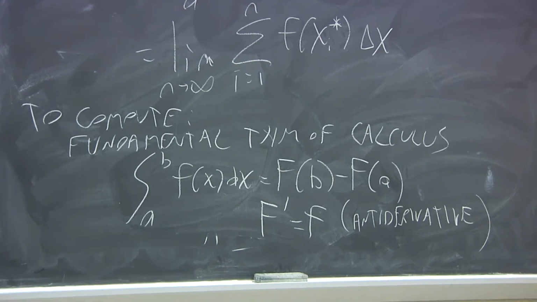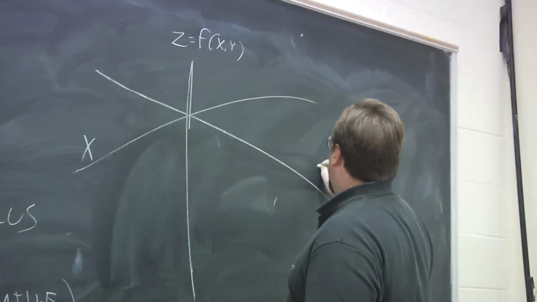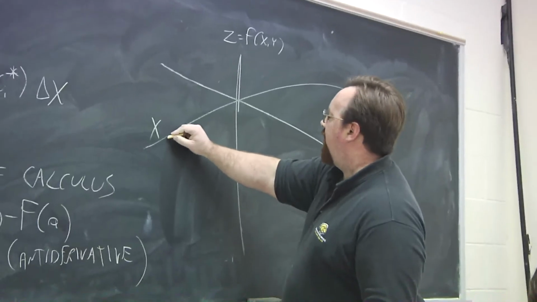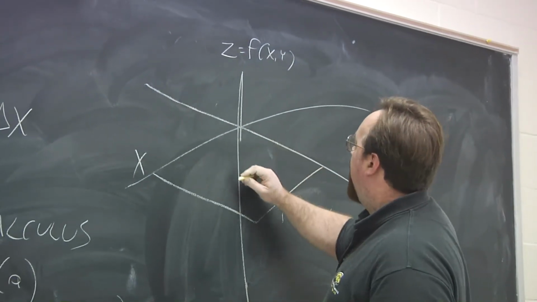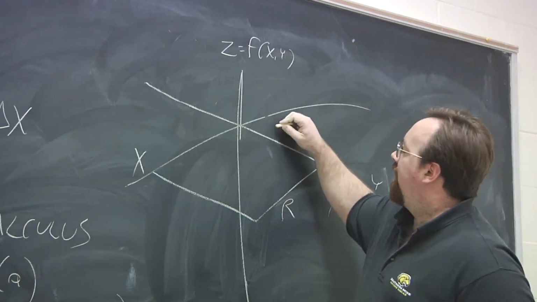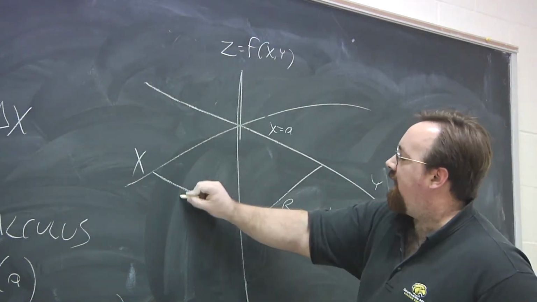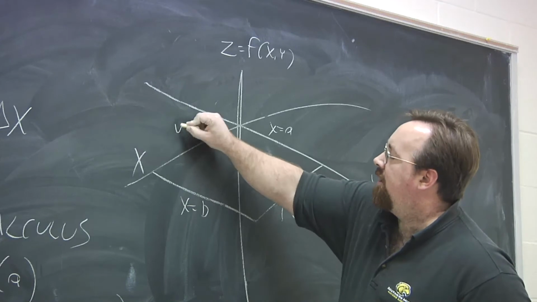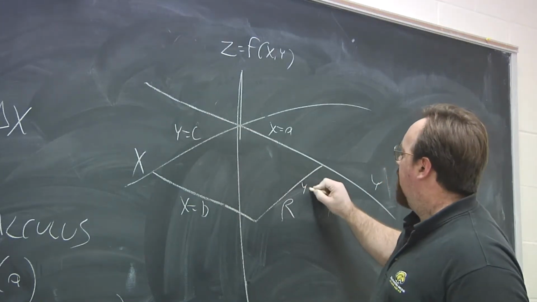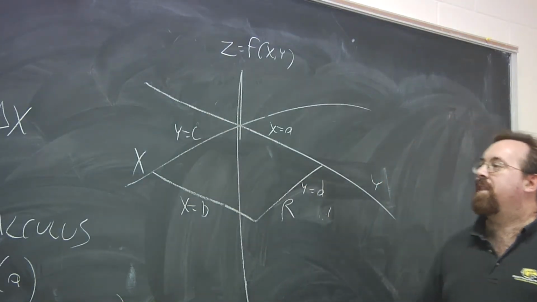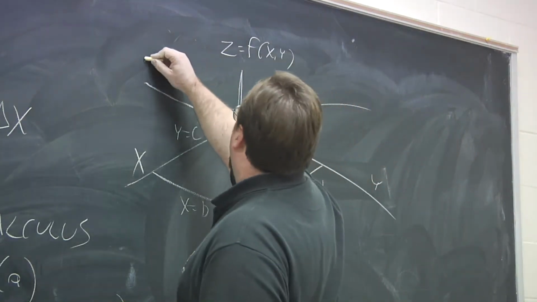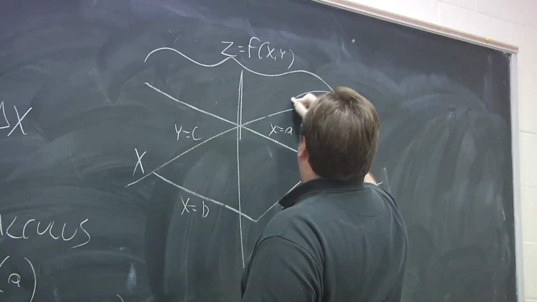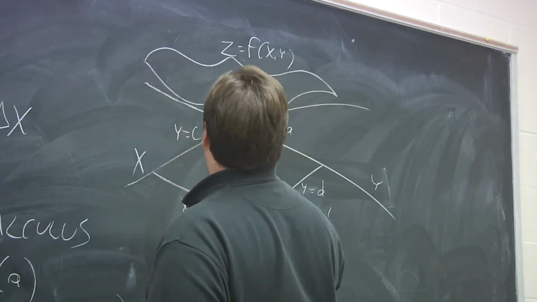All right. So that's defined on a rectangle we'll call R, and this is x equals a, x equals b, y equals c, y equals d. So the function defined on this rectangle, its graph would be a surface, or patch of a surface.